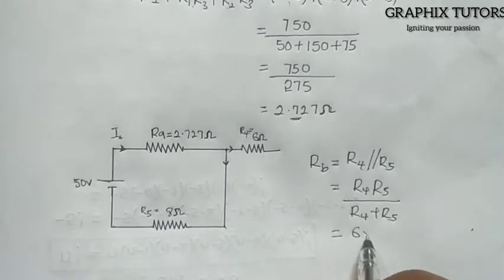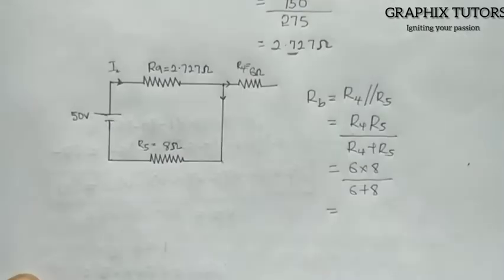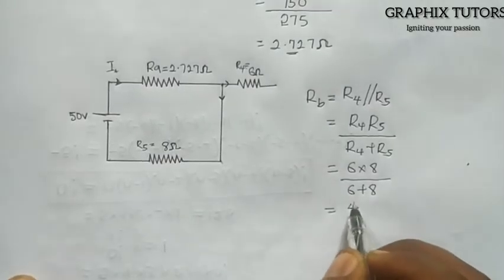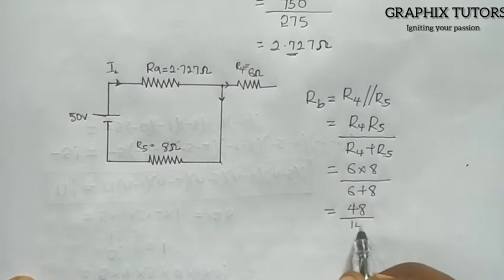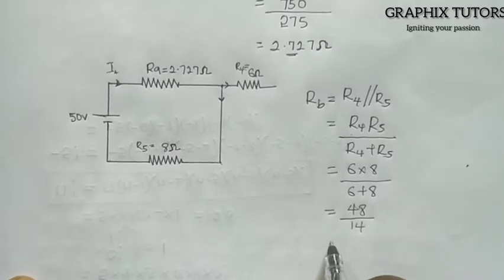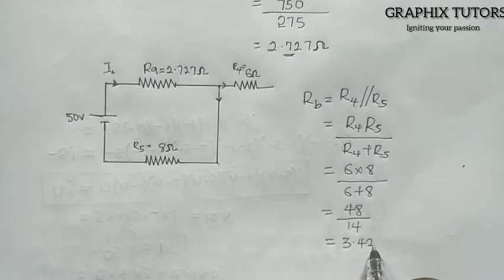That is 6 times 8 all over 6 plus 8. And 6 times 8 is 48, all over 6 plus 8, that is 14. So 48 divided by 14 will be 3.429 ohms.